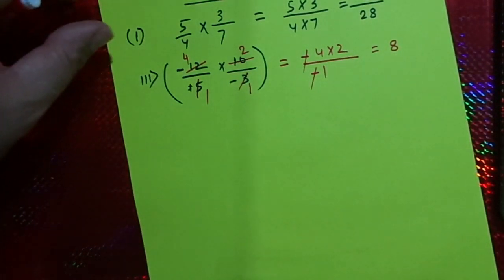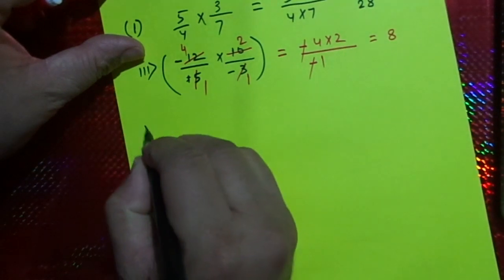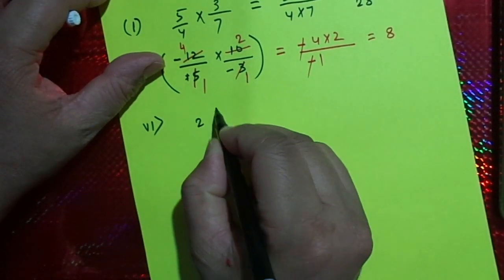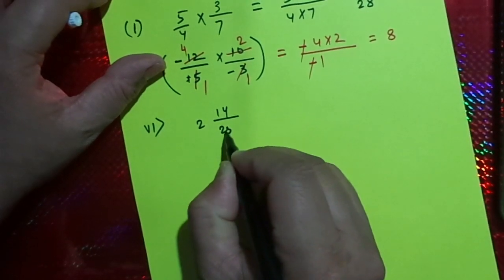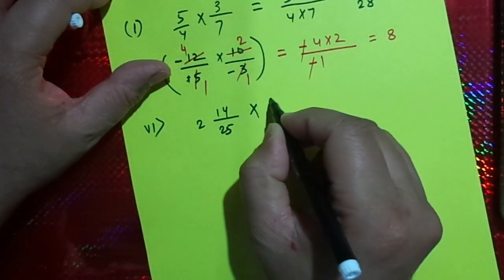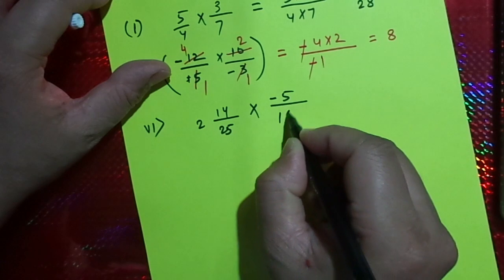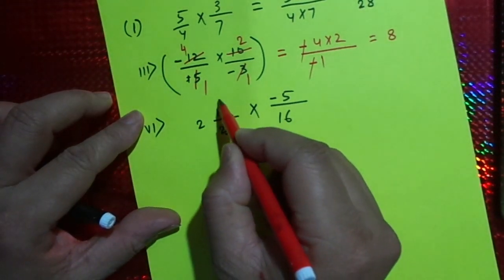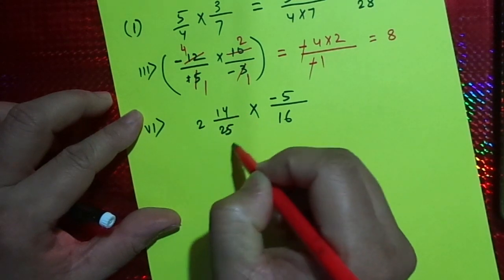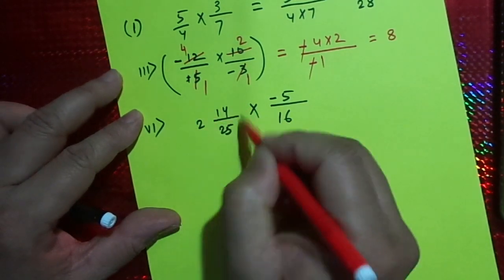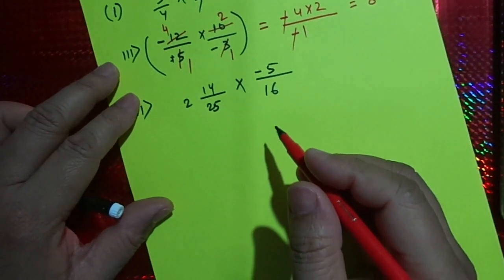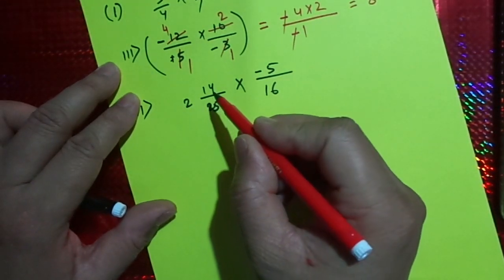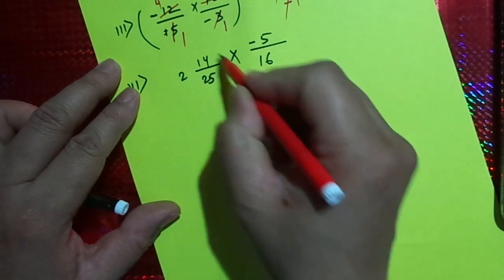Let us take another sum like number 6, where you have 2 14 by 25 multiplied by minus 5 by 16. Here I find that this particular number, which is in mixed fraction, needs to be converted into an improper fraction. So let's convert this into an improper fraction.